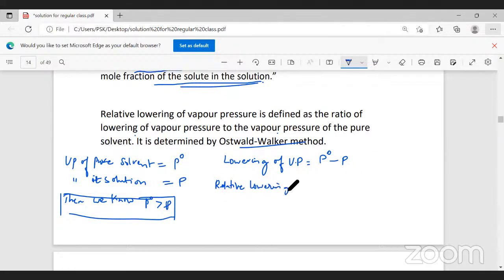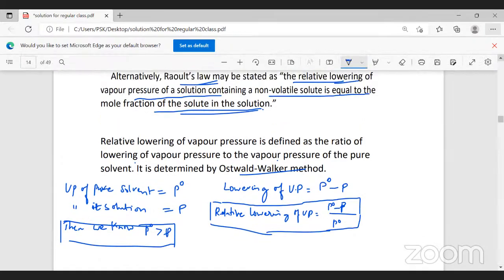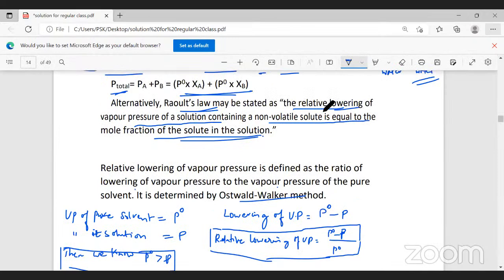It is the ratio of lowering of vapor pressure to the vapor pressure of a pure solvent. So P naught minus P divided by P naught is called relative lowering of vapor pressure.